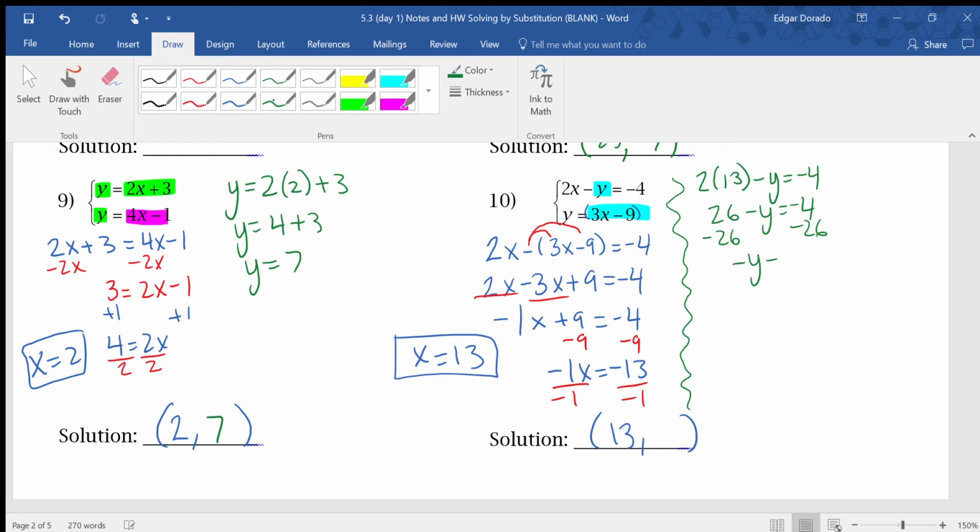That's a negative y equals negative 30, divided by negative 1 is y equals 30. Okay, so y equals 30, so that is my last piece of the puzzle here. So my ordered pair solution is (13, 30).